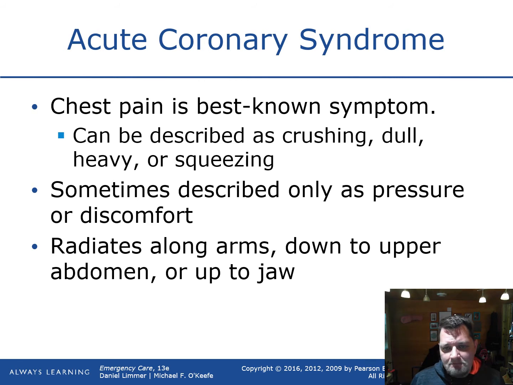So chest pain is the best known symptom. It can be described as crushing, dull, heavy squeezing. This crushing one right here really says a lot. I've had lots of patients tell me that they feel like an elephant is sitting on their chest, and they tell me that it's sometimes unbearable.